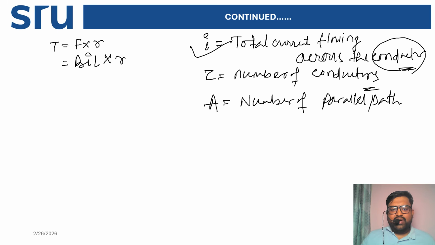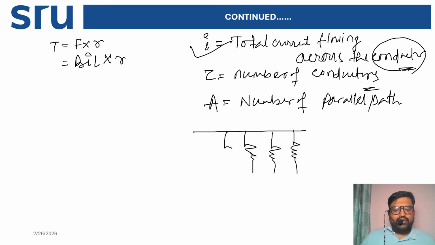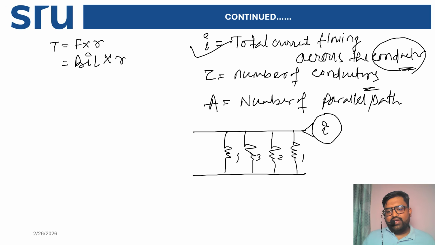Suppose it is the total current, and we are considering each conductor. Then what is the current value? If there are multiple conductors, suppose one, two, three, four conductors, connected in parallel, and total current I is flowing here, then each conductor will contain a current of I by A, where A is the number of parallel paths.